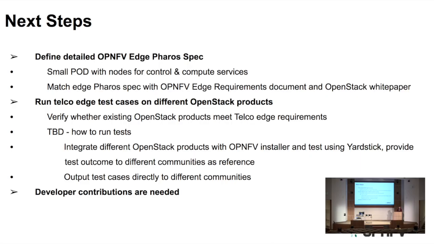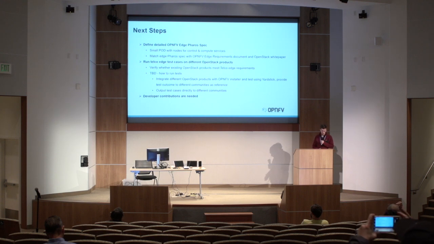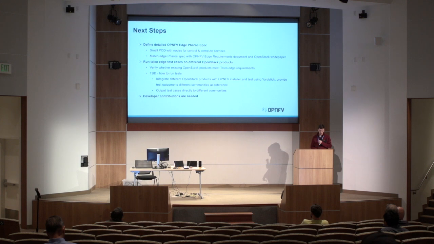So in terms of next steps, the project's looking at doing more work on the edge specification, defining details of different flavors of that spec for edge-specific use cases. Second thing is test cases and actually running those test cases, so expanding a test suite and running those.